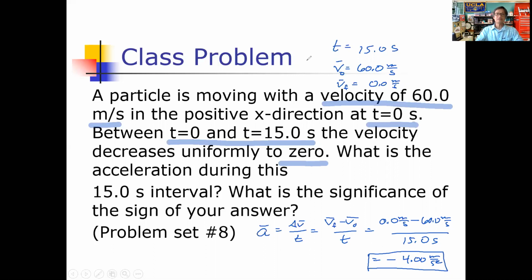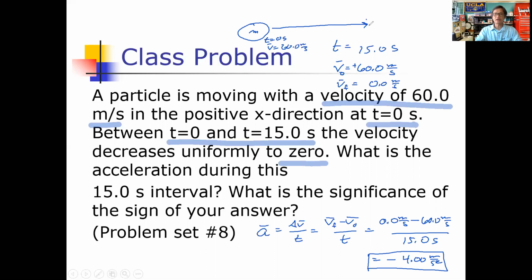Okay, and so you can imagine here, and let's just draw this out really quickly. We have our object. Here's our particle of mass m. It starts to move in the positive x direction here. The velocities are positive here, so I want to emphasize that to you. At time equal to 0 seconds, where we start out here, the velocity of this object is already 60 meters per second.